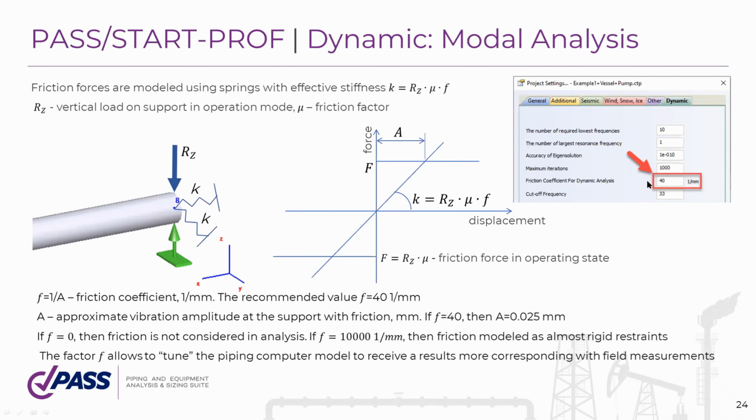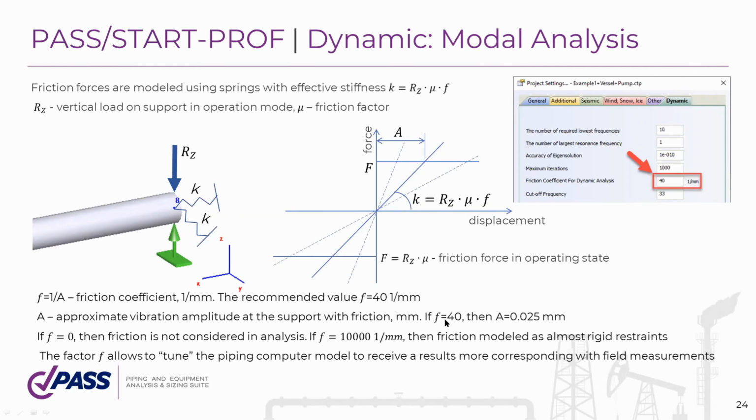How do we understand this? Which value to take? This is the vibration amplitude A. This is displacement and this is the force. So we think that during pipeline vibration, the maximum displacement should not be greater than, for example, 0.025 millimeters.